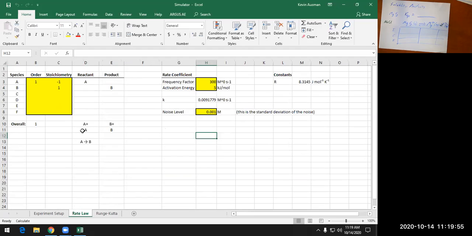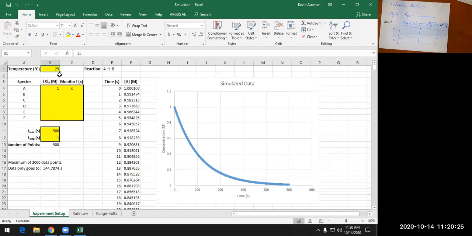On the rate law screen, we can change the rate law by changing things in the reaction order column. We can change the reaction stoichiometry by changing things in this column. I'll talk about that in a second. We can change the rate constant, the rate coefficient, by changing its frequency factor and its activation energy, and the calculated rate constant is here based on the temperature that we set over here.